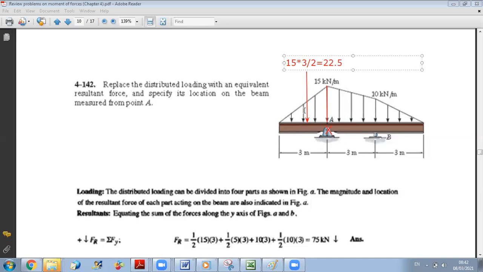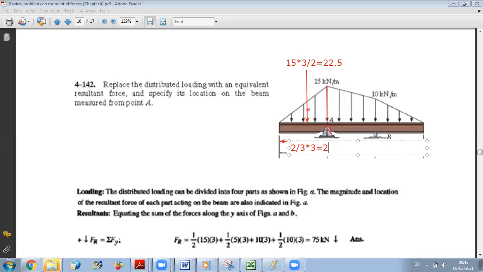Now, concerning the point of application, you know that the centroid of your triangle is somewhere here. So we said that it should be at 2/3 from the point, and at 1/3 from the base. So here, this distance will be 2/3 of 3. So it's 2 over 3 times 3, which is equal to 2.